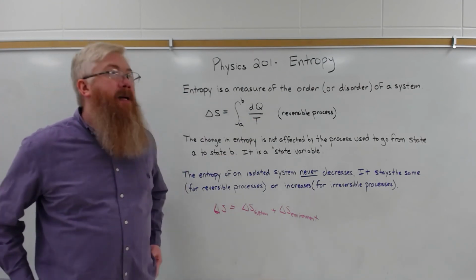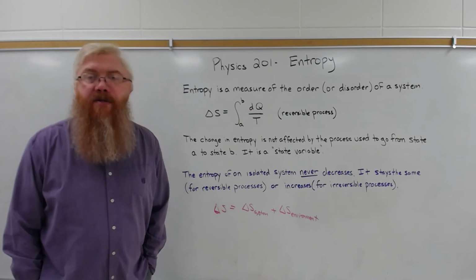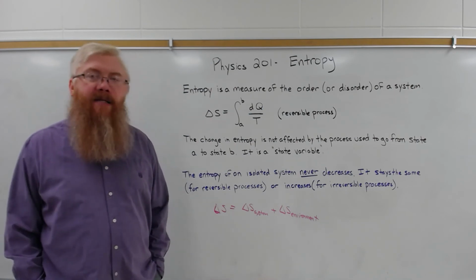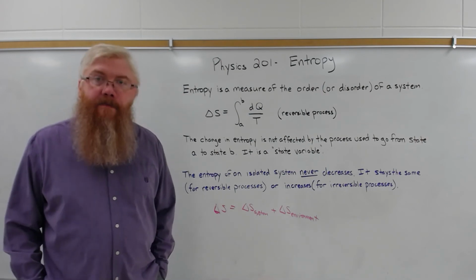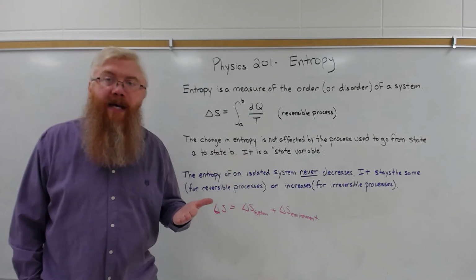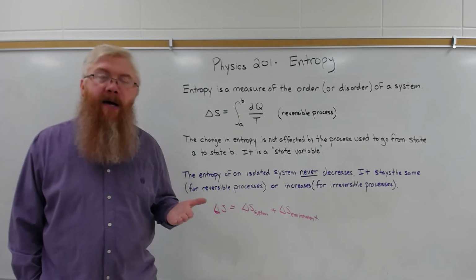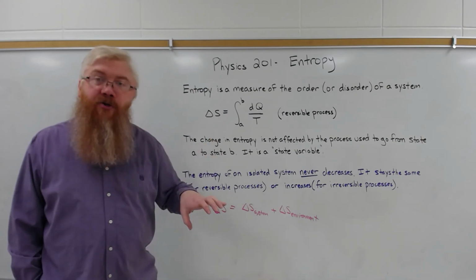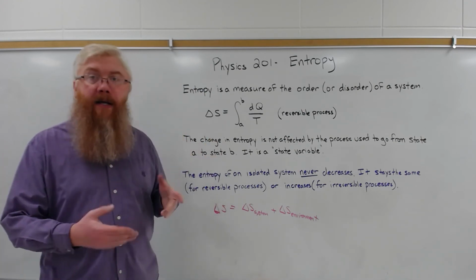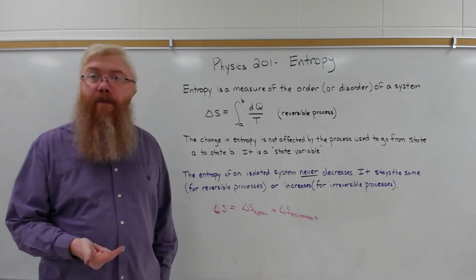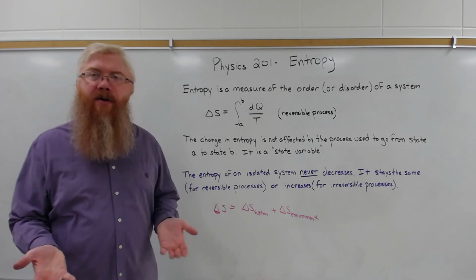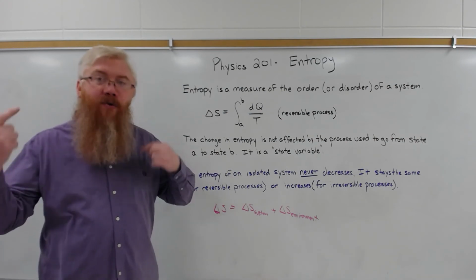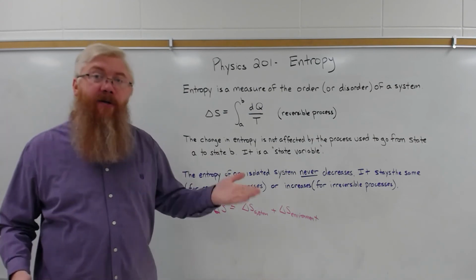So the common example of entropy is your room. It's not a great example, but it's a common example. Your room gets dirty with time. That's increasing entropy, increasing disorder. How do you decrease the entropy? You do work, right? You put in work to clean your room. But you might be like, well, that just decreased the entropy. You just said it couldn't decrease. Well, you used energy to clean your room.